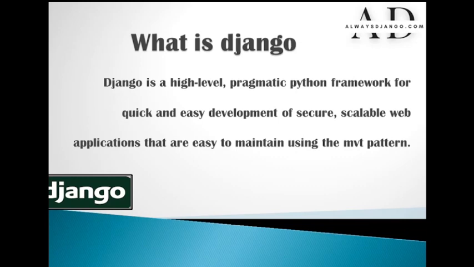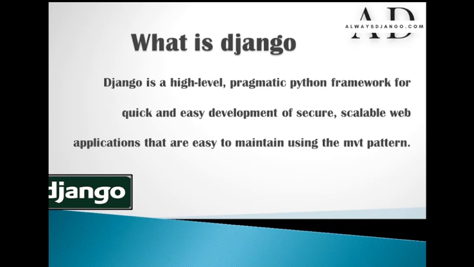What is Django? Django is a high level pragmatic Python framework for quick and easy development of secure, scalable web applications that are easy to maintain using the MVT pattern, right? So the main note here is that Django is a Python framework. So what's a framework?